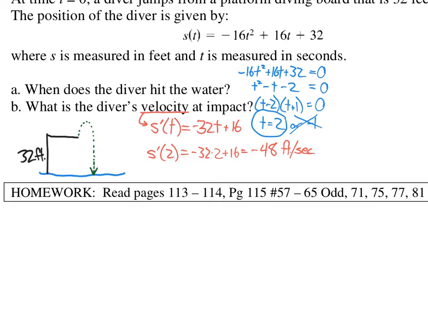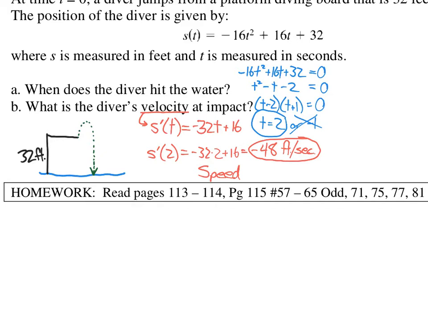If I asked for the speed, okay, because, you know, if we were just asking how hard is he going to hit, if we were calculating some kind of force, it doesn't matter if he's going 48 feet per second downward or upward or sideways, ramming into something, it's going to be the same force, okay?